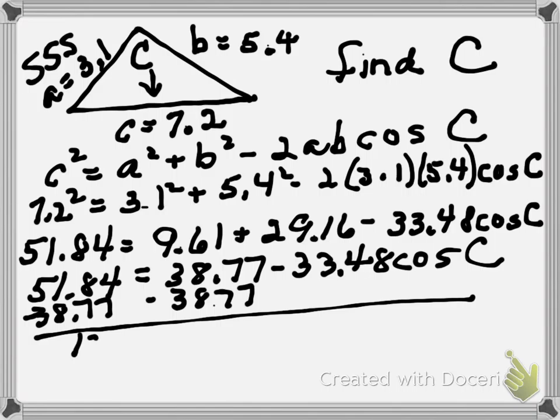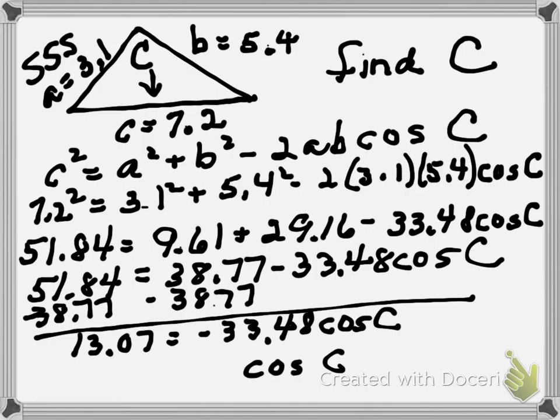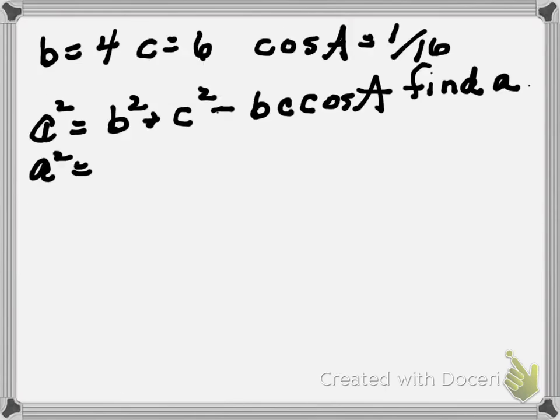Now I'm getting 13.07 equals negative 33.48 cosine C. So the cosine of C is equal to 13.07 divided by negative 33.48, and I got negative 0.3904.